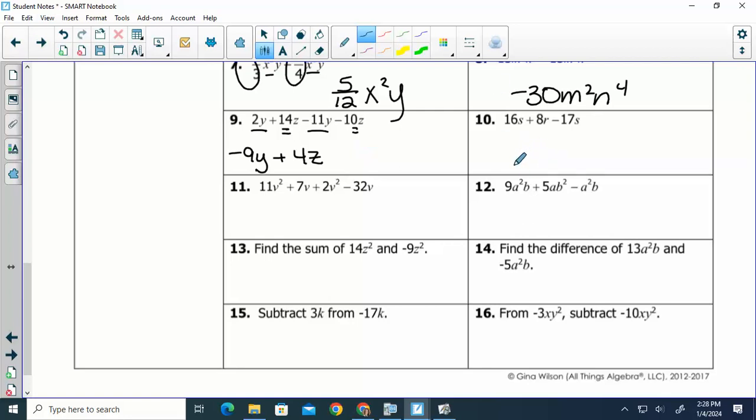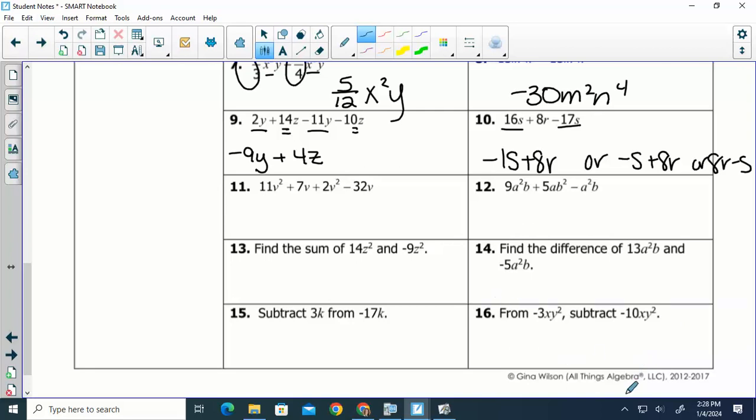All right, number 10, what would we put? We can combine the 16s, the minus 17s. Or you could write negative s plus 8r, or you could say 8r minus s. All of those are equivalent ways to write that answer.